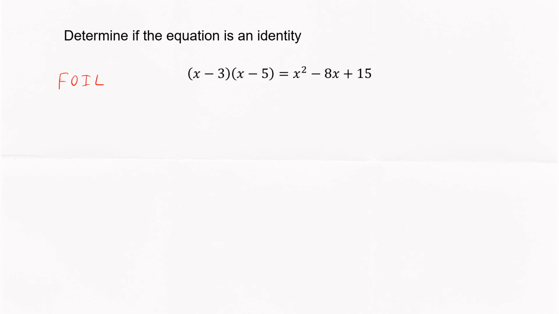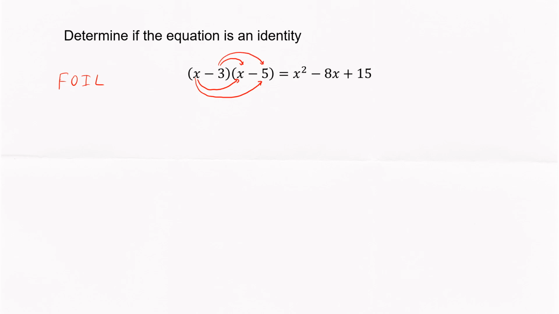FOIL stands for first, outside, inside, and last. When we're multiplying, we want to multiply the first terms together, so x times x. The outside is x times negative 5. The inside is negative 3 times x. And the last is negative 3 times negative 5.